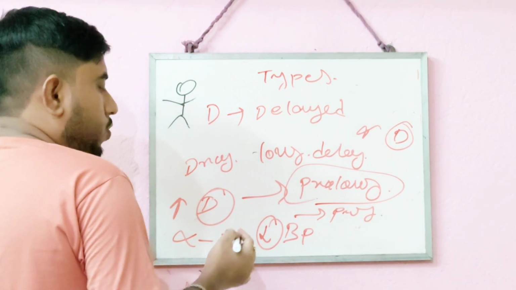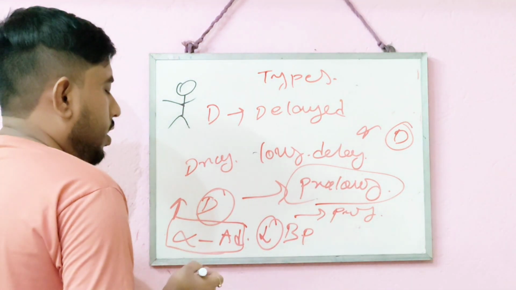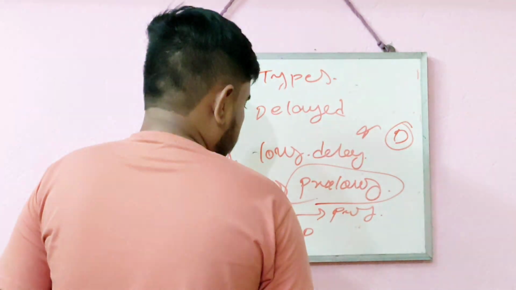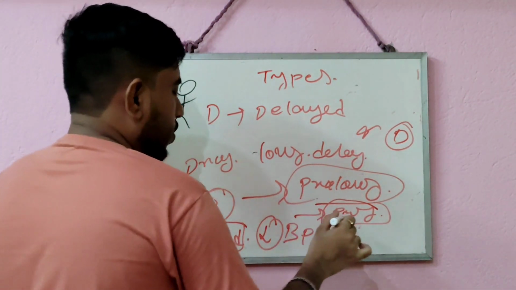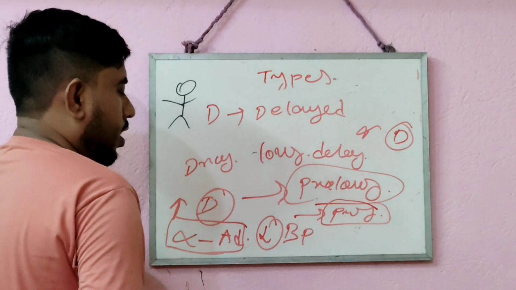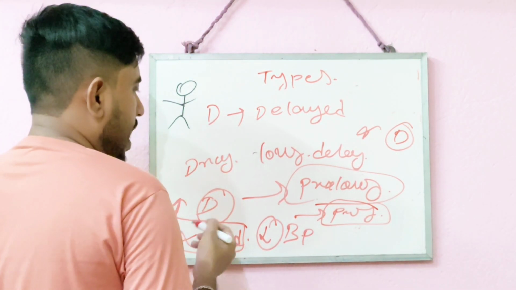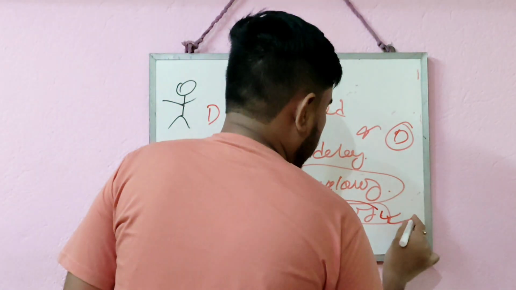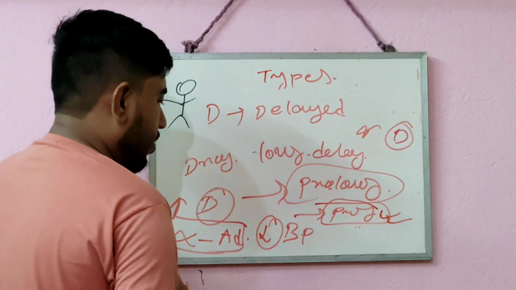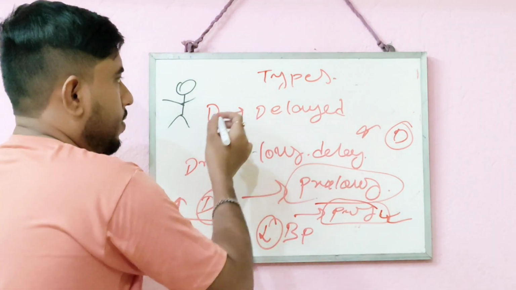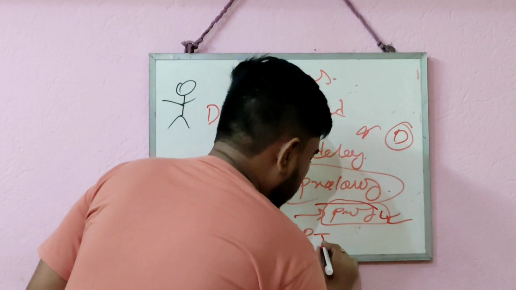Generally all such drugs are prohibited for use when a woman is pregnant. But if by mistake a pregnant woman takes such a drug, it causes a delayed or D type reaction that is called the teratogenic effect.